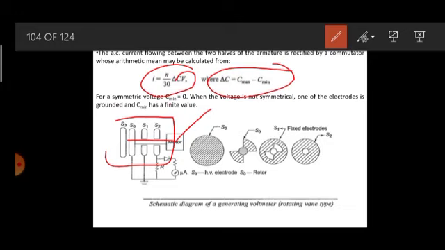Now for a symmetric voltage, C min is equal to 0. When the voltage is not symmetrical, one of the electrodes is grounded and C min has a finite value. The factor of proportionality, delta C, is determined by calibration.